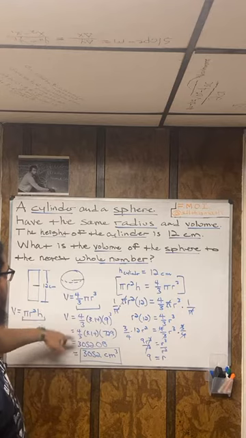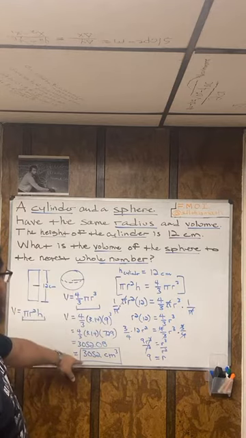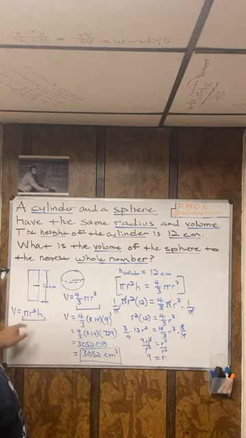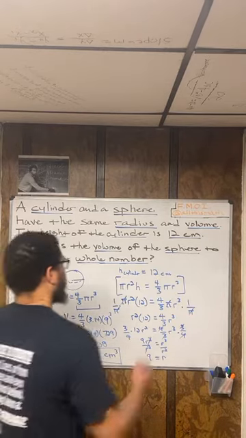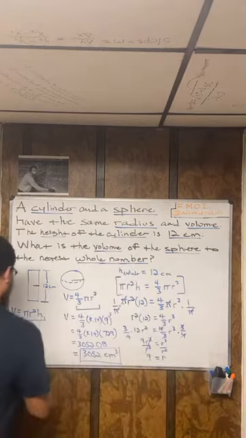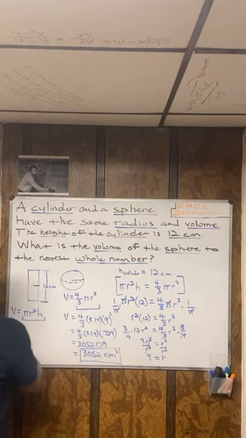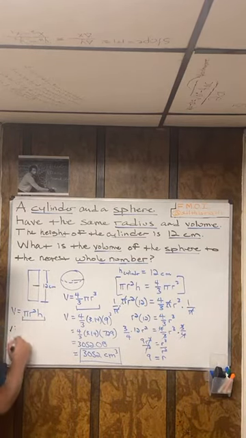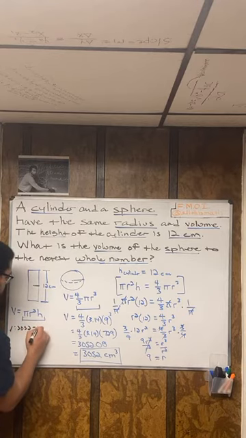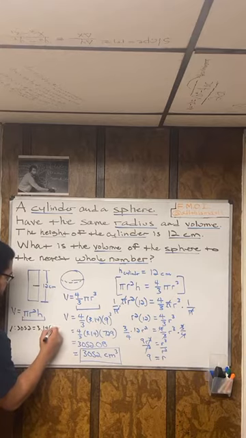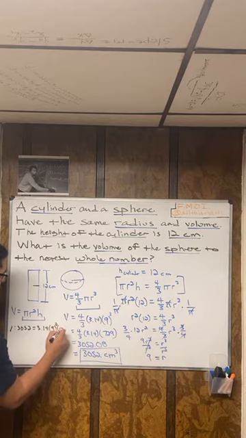So if the volume of the sphere is 3,052, then the volume of the cylinder should also be that. So I should be able to find the volume of this cylinder, and that means 3,052 should be equal to 3.14 times 9 squared times 12.